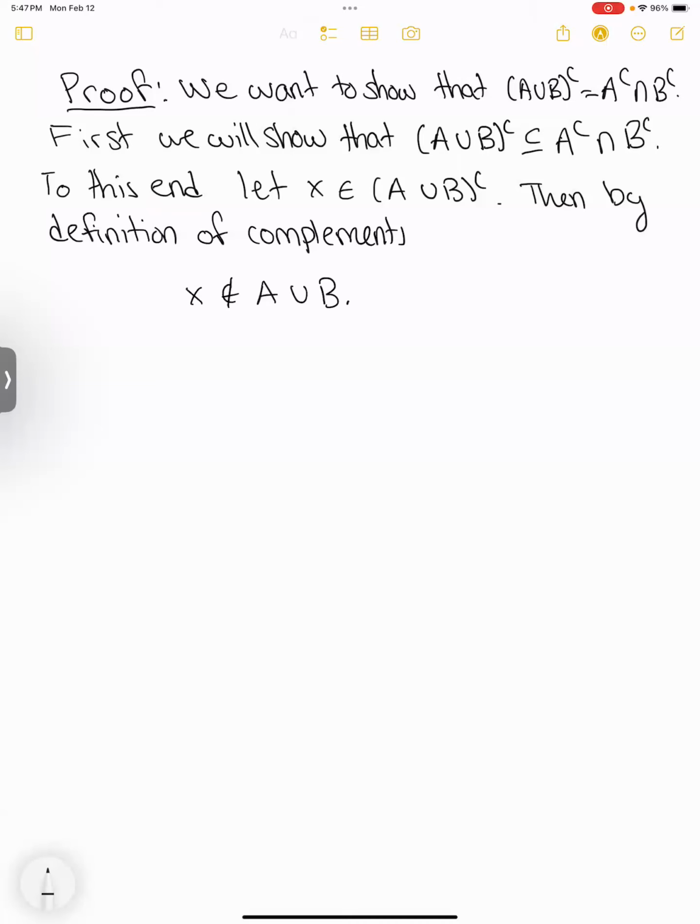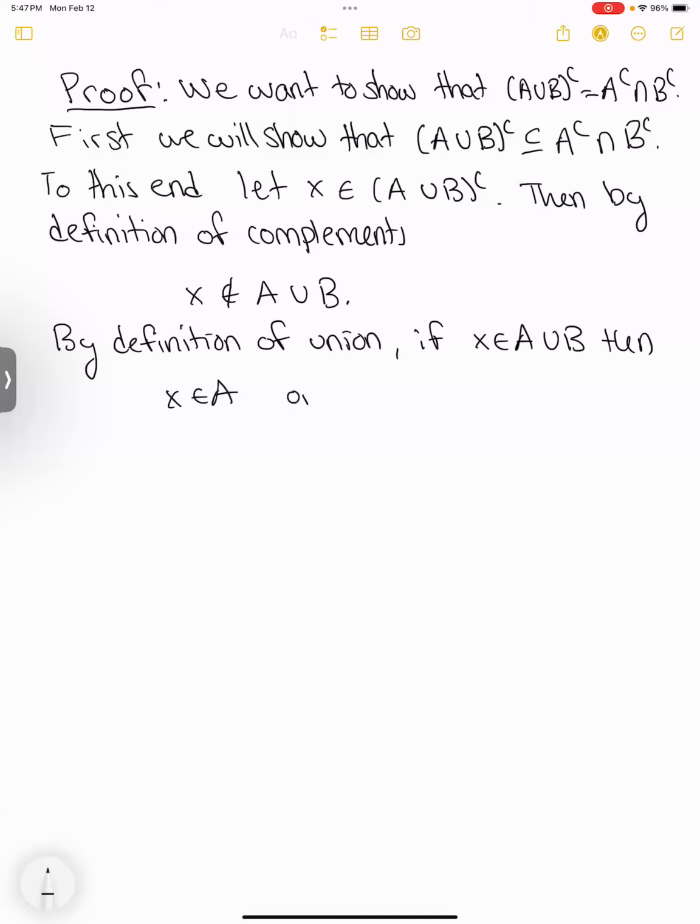So let's just think about what unions mean. By definition of union, if X was in A union B, then X is in A or X is in B. So the point is, if X is not in A union B, then it can't be in A and it can't be in B either.